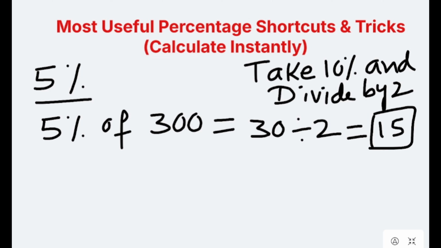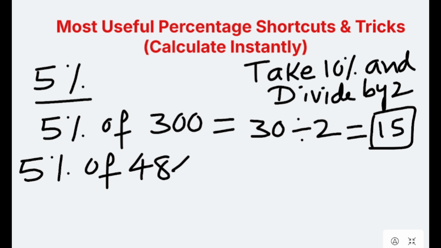Let's do another example. Let's see what is 5% of 484. Let's use the same technique here. That is, take 10% first. Taking 10%, you move the decimal one place left. And now divide by 2.